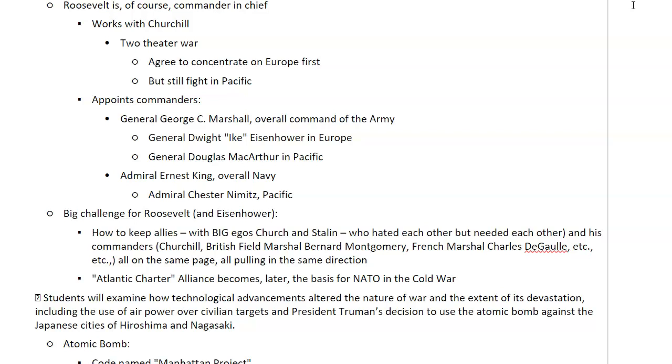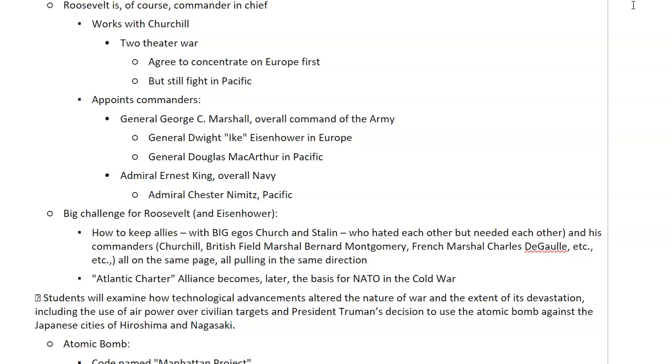Churchill, I guess for obvious reasons, talks Roosevelt into that in his own interest. And they decide again, they're going to fight in both. We certainly fought in the Pacific, but we're going to concentrate the efforts first on Europe and then sort of turn all our attention to the Pacific.